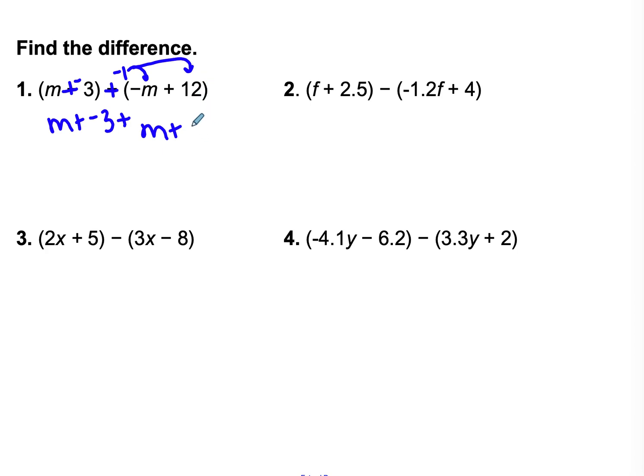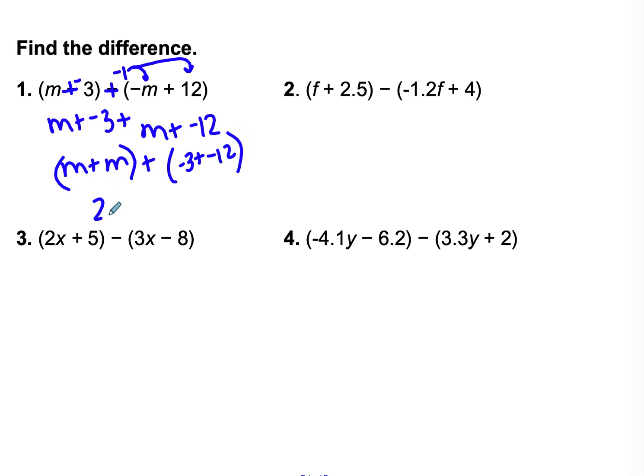Negative 1 times 12 is negative 12. Then I am rearranging my like terms to be by each other. m plus negative 3 plus negative 12.